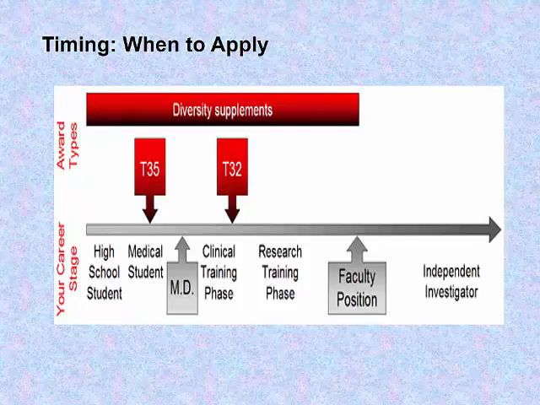What about diversity supplements? As you'll learn at the end of my talk, diversity supplements are available for people from high school up through junior faculty. So this is really important for you to know, because you might be a brand new faculty member, and you may have a project, and you would love to, say, mentor a summer high school student or a summer undergraduate to work in your lab or in your community project.